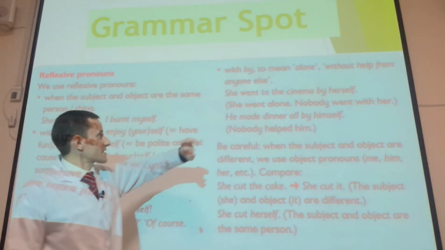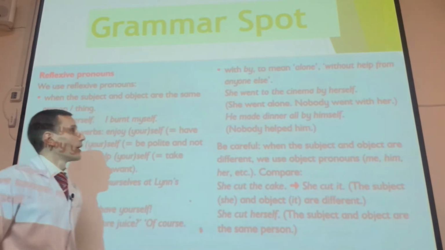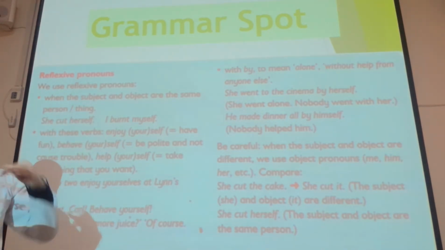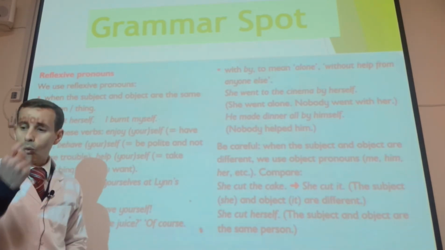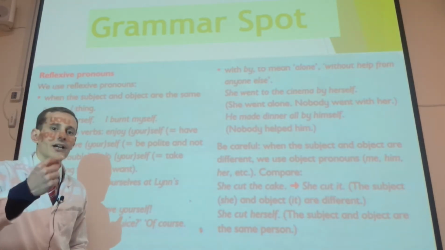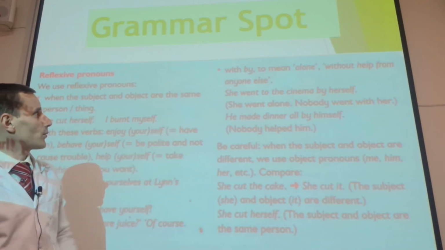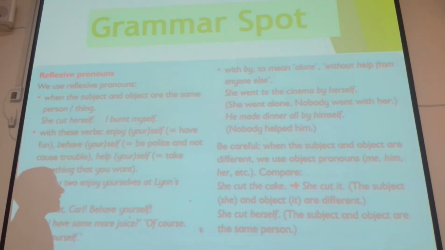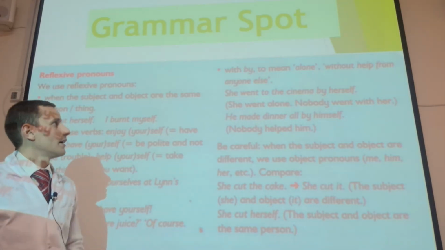Sometimes we need the preposition by, which shows that something is done by someone alone or with no help from others. Look at the first example we have here. She went to the cinema by herself. She, talking about a girl, went to the cinema by herself.